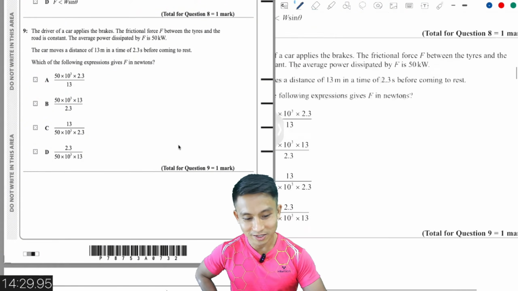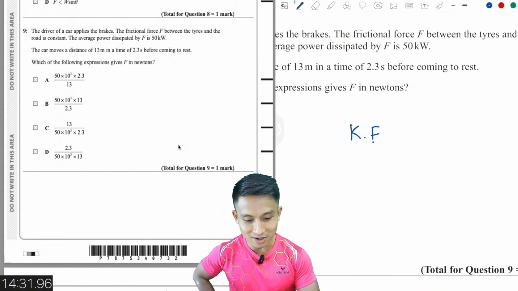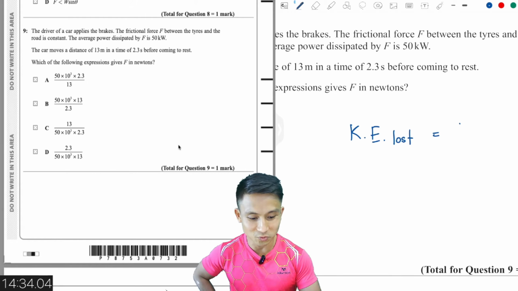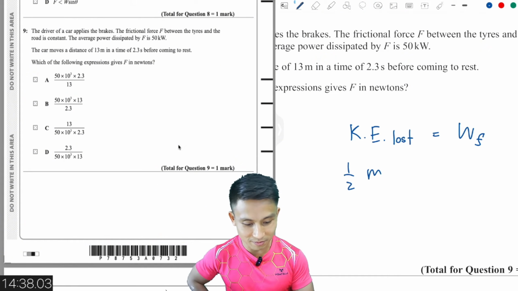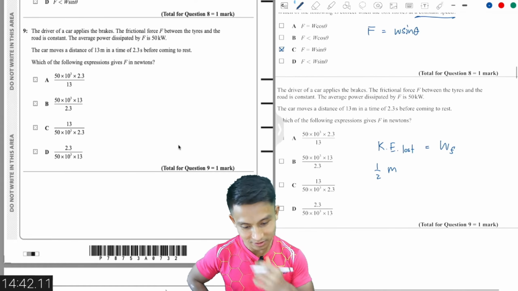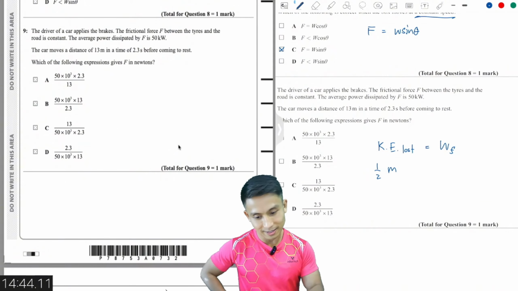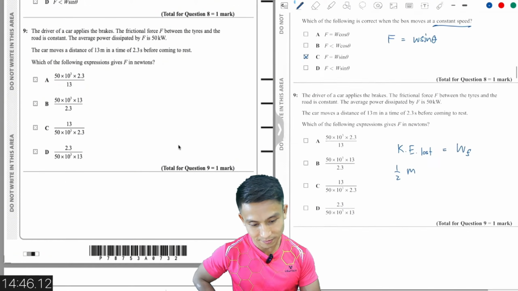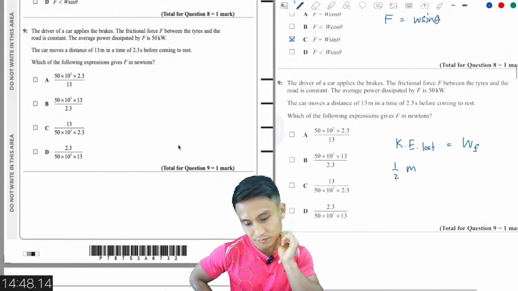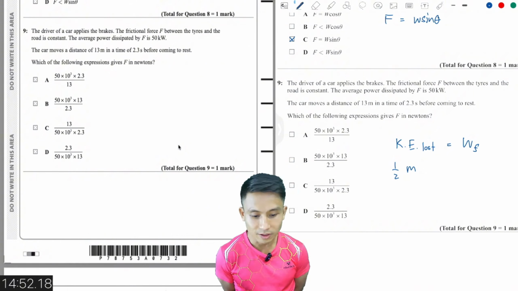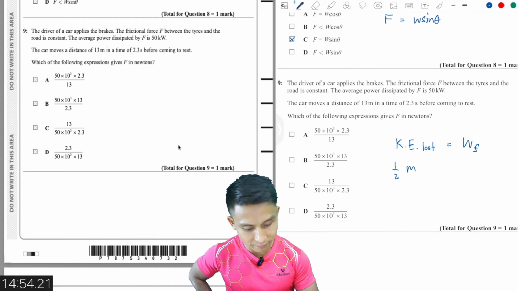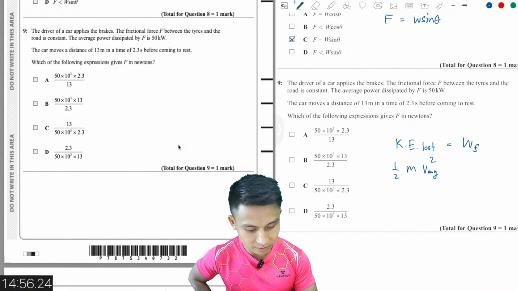Let's do energy. KE lost equals work done against friction. So KE loss is half m, and this is the average. Wait. We're going to find the V average squared.